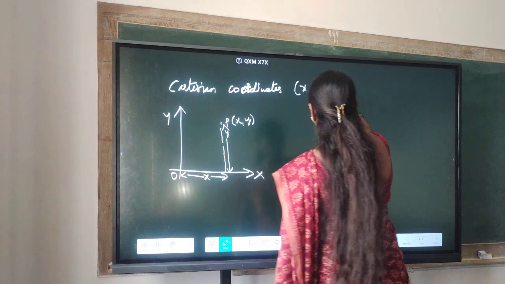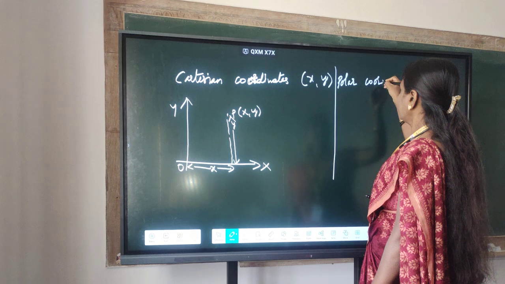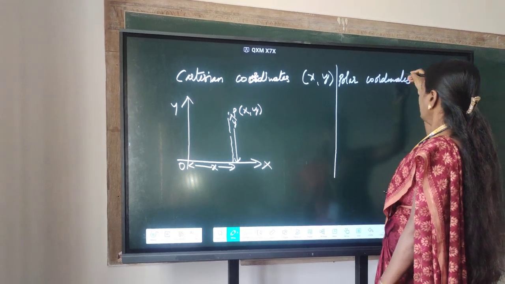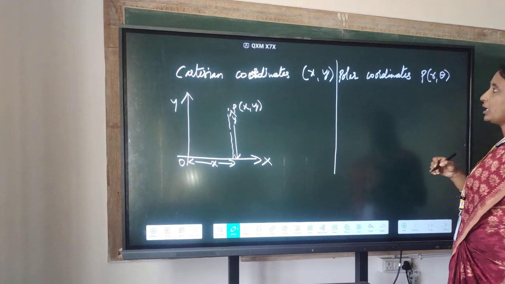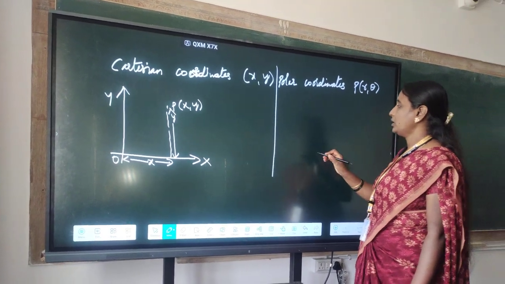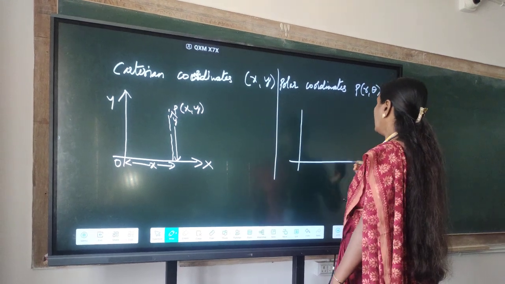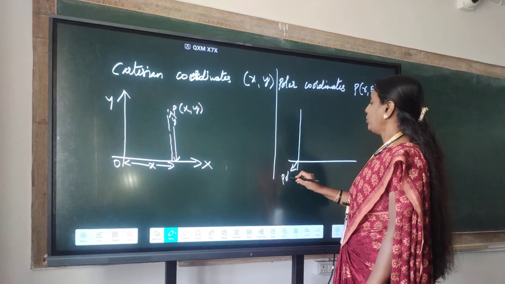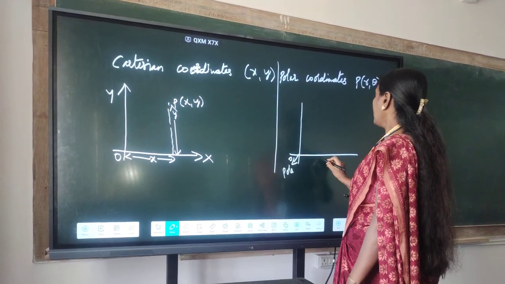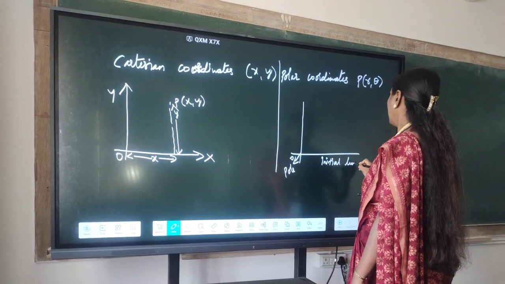Similarly, polar coordinates are represented by r comma theta. I am taking a point P of r comma theta. If you want to represent this in the plane, we call this in polar coordinates the pole, this is O, and this we call the initial line.